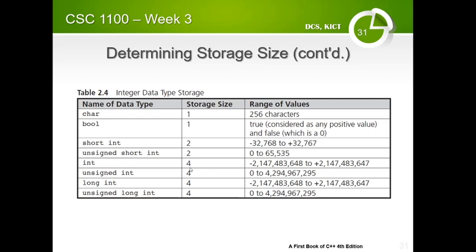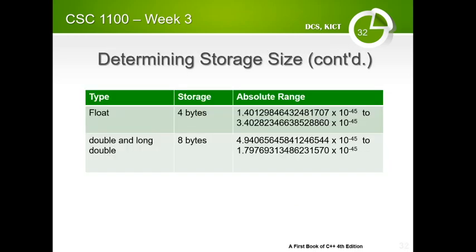Then your integers are bigger: short integers, unsigned short integers. They all specifically define a range in the type of numbering that you can go. Floating points are much bigger in that range, with regards to the numbers they can support.